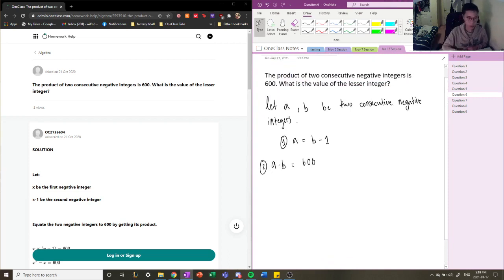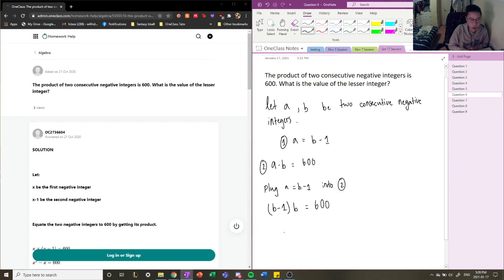Okay. So the first thing that we're going to do is plug A into our second equation. So plug A equals B minus 1 into 2. Okay, so that means this is going to turn to B minus 1 times B equal to 600.